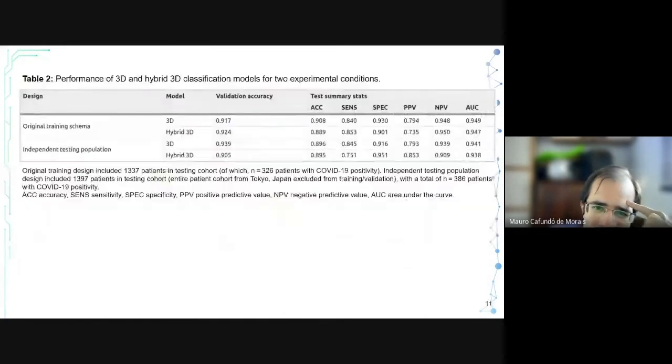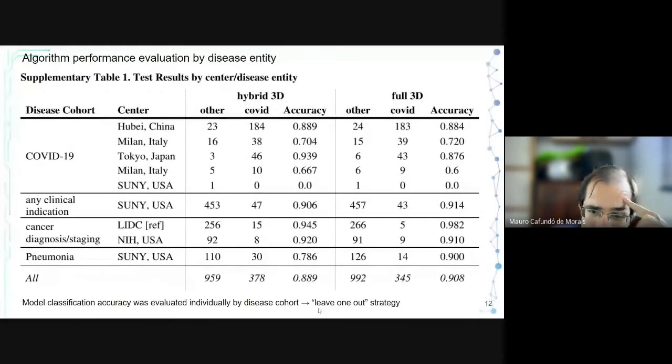So they use what we call a leave-one-out strategy for the training of this algorithm. This kind of strategy is experimentally excluding variables, testing how much a variable is responsible for the output.